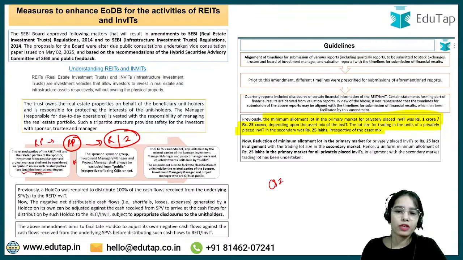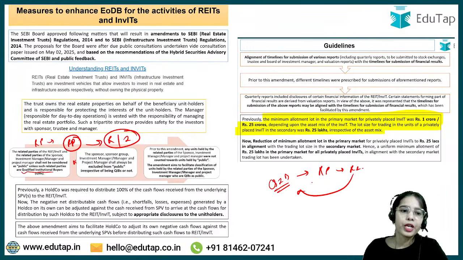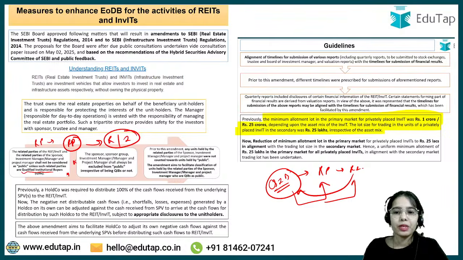That means if they are qualified institutional buyers, then the related parties of the REIT and InvIT can be considered as public.